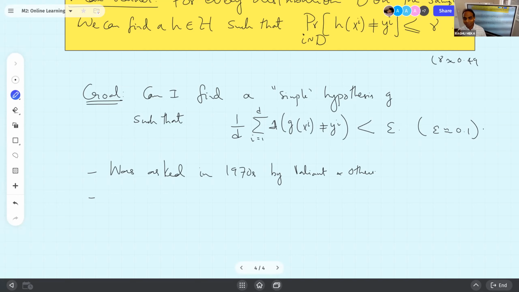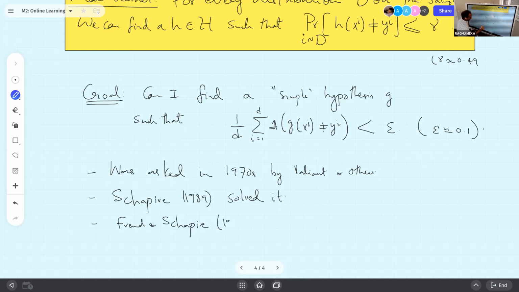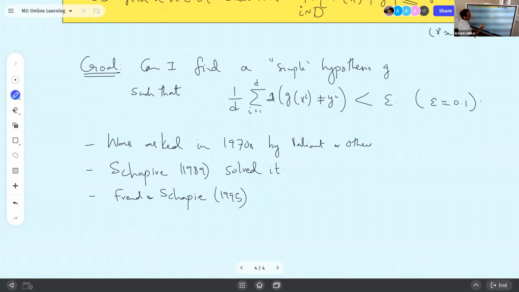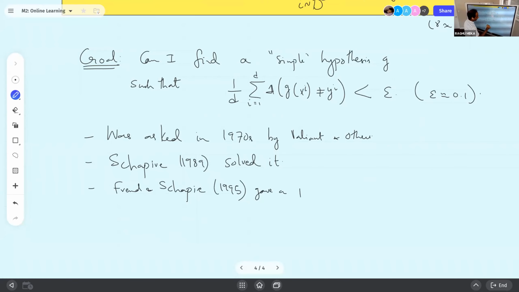Forget doing it computationally efficiently, forget actually doing it with an algorithm. It's not even clear that this should even be possible. And Schapire in 1989 solved it. Then it was very interesting theoretically, but then Freund and Schapire in 1995 gave a practical algorithm.